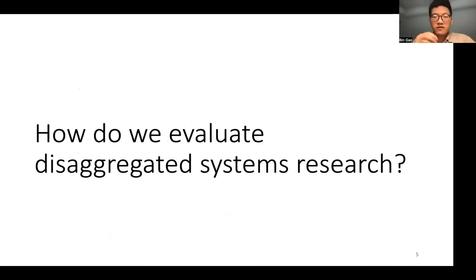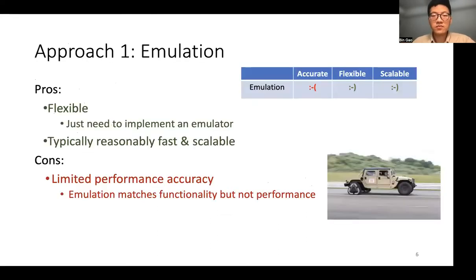So, given these challenges, how has the prior work approached the evaluation? Let's discuss the different approaches and their disadvantages and advantages. The first approach is to emulate modified hardware using existing hardware.